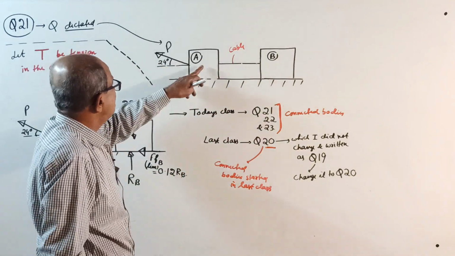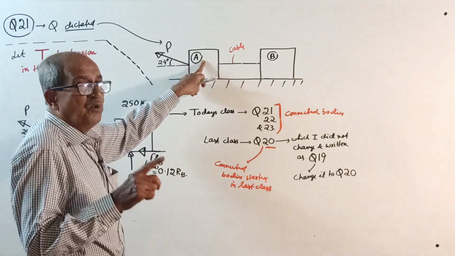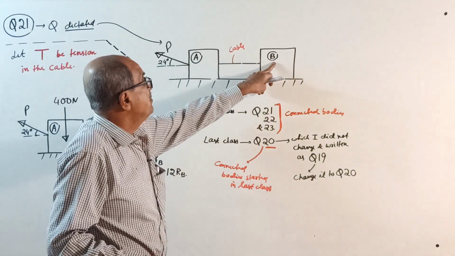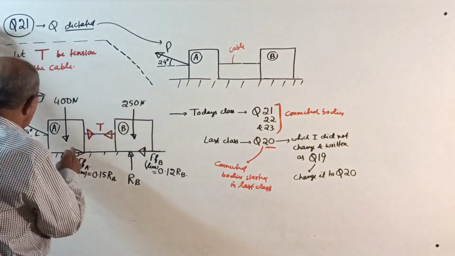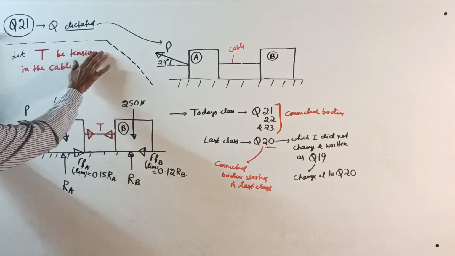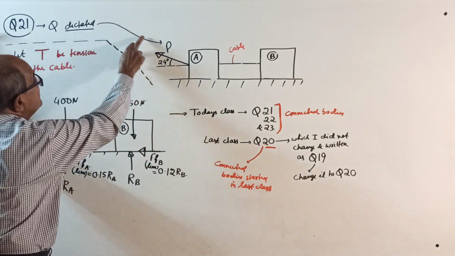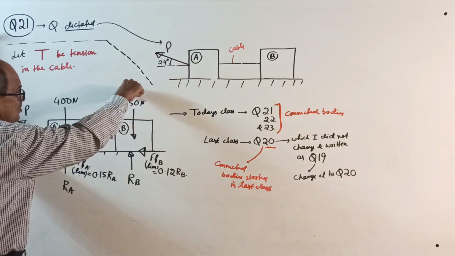Then further, weight of block A is 400 Newton, weight of block B is 250 Newton. Later, not now, this is the solution, don't see. You see only the question now.